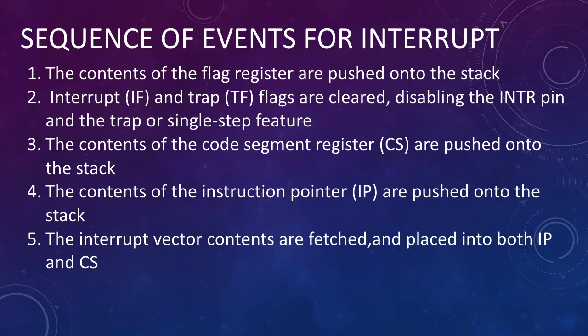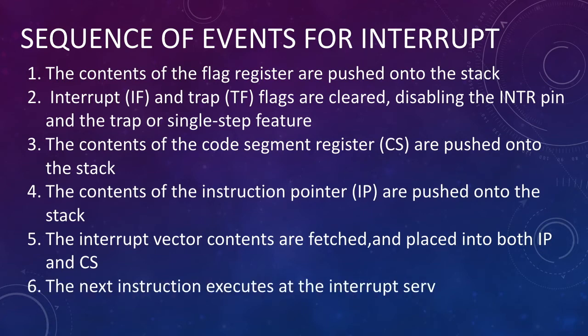So basically what is happening is, the address of the current instruction being executed is put on the stack. The new address for the ISR is copied from the vector table to CS and IP, and the execution of the program is started. Thus, the next instruction is executed at the interrupt service procedure, which is addressed by the vector.